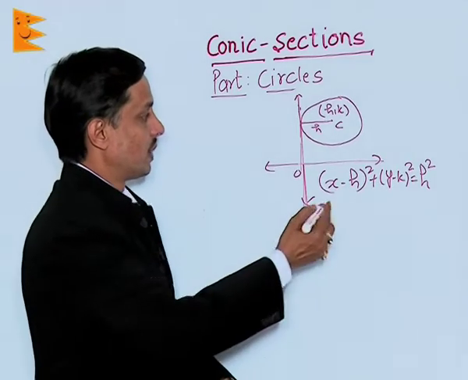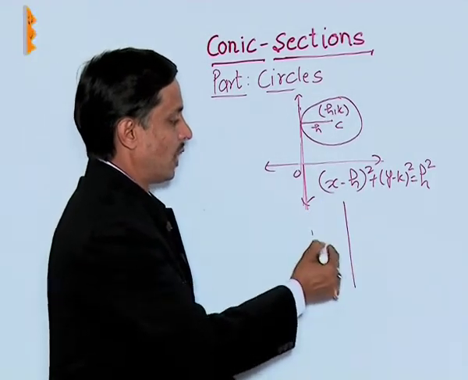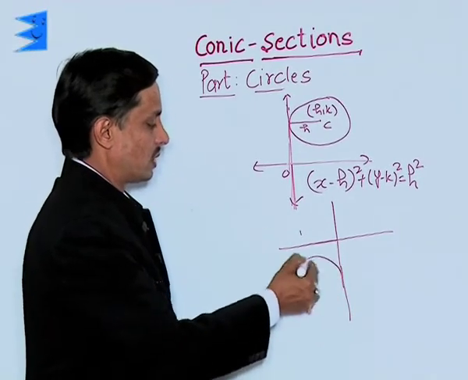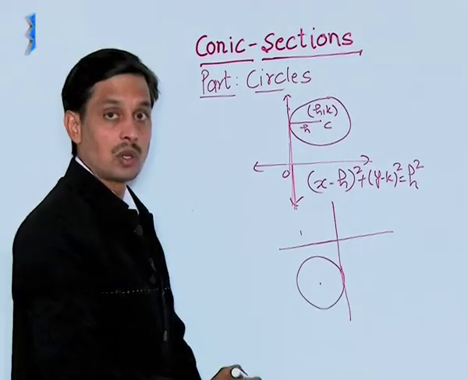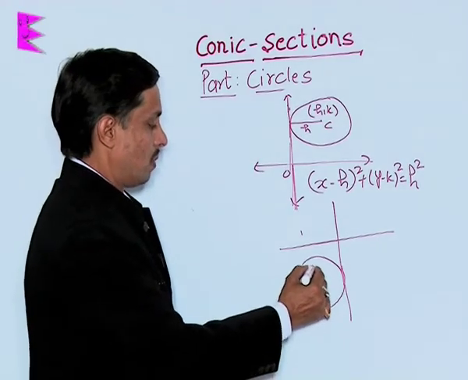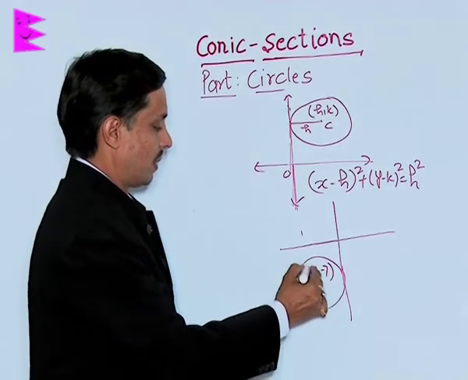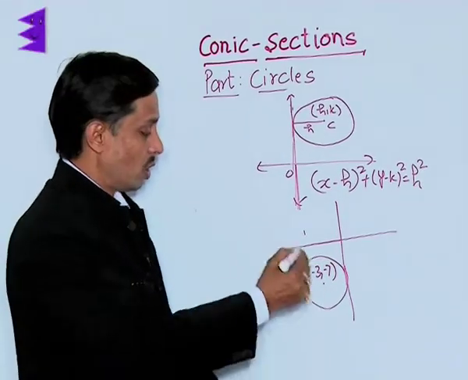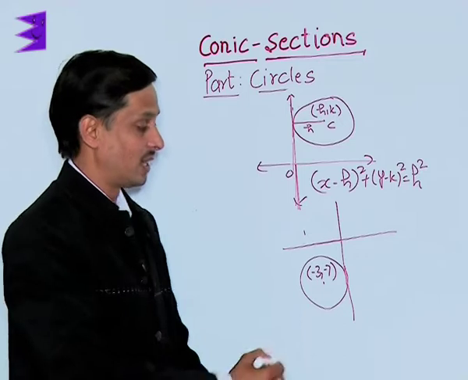Second thing, if I take an example to explain: suppose this is a circle with center coordinates minus 3, minus 7. Touching which axis? Y-axis. Center coordinates are minus 3 and minus 7.